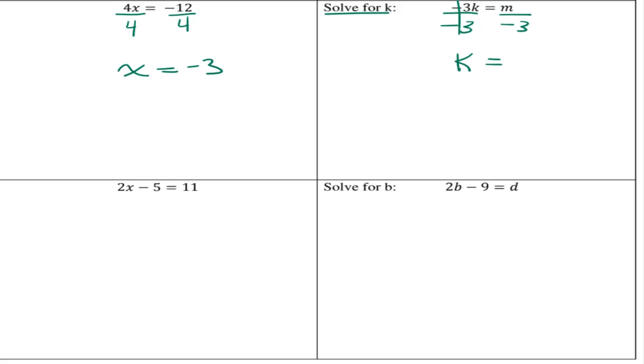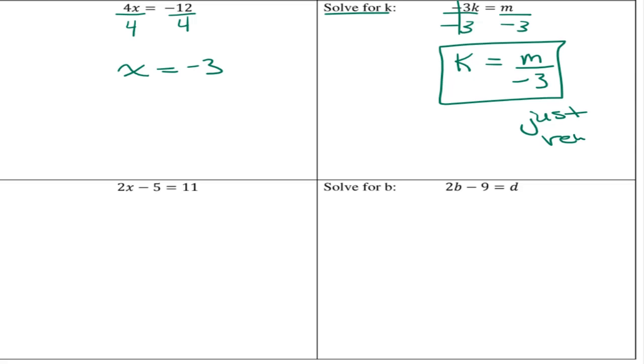So can I do something in my calculator like m divided by -3? I can't. So guess what? I'm just going to do a rewrite, and that is all I can do. So again, it's a lot of just rewrite. I can only combine if they're like terms. And again, if I'm dividing, those are not like terms. I can't do anything about that.